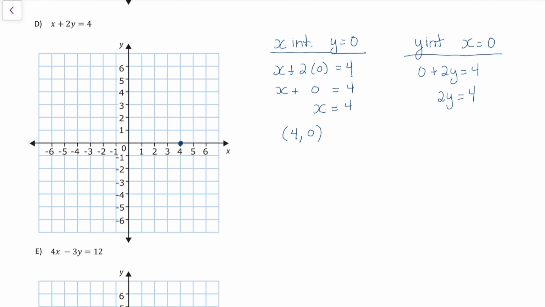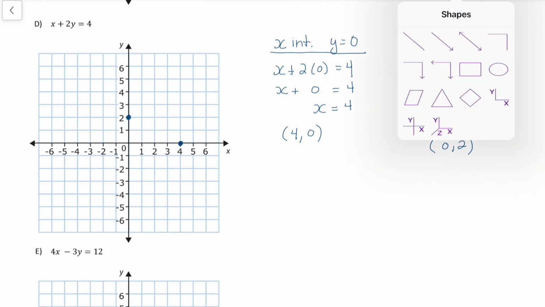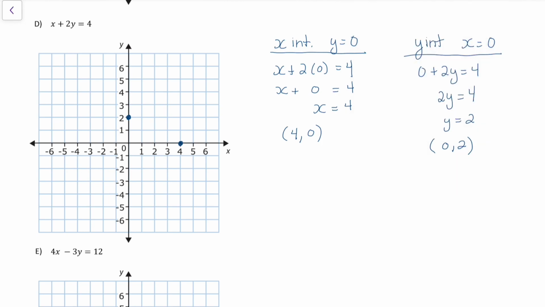I'm going to divide both sides by 2, and I get y equals 2. And I'm going to connect them with a nice straight line, and then we're going to label it in order to identify what the line is.